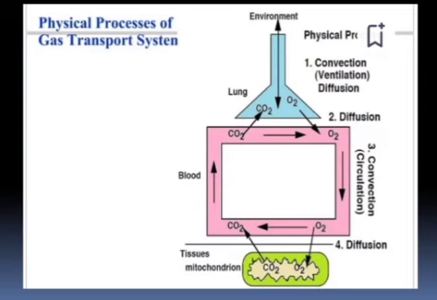So the process is simple. Oxygen is taken from the external environment. It passes through the trachea, gets to the lungs. Let's take oxygen. It comes from the atmosphere.